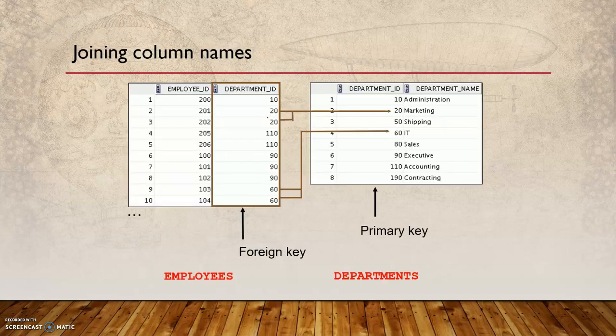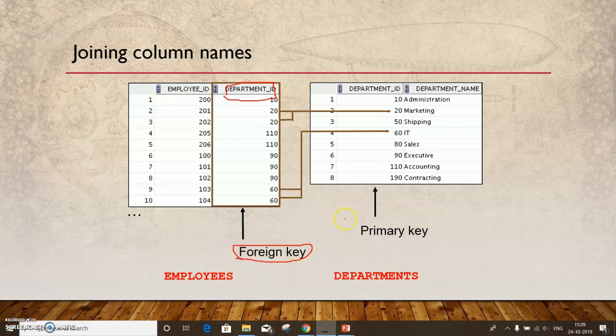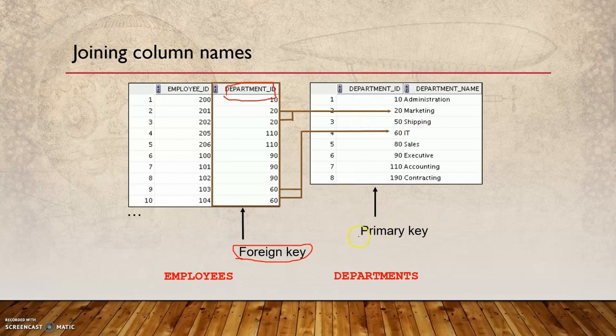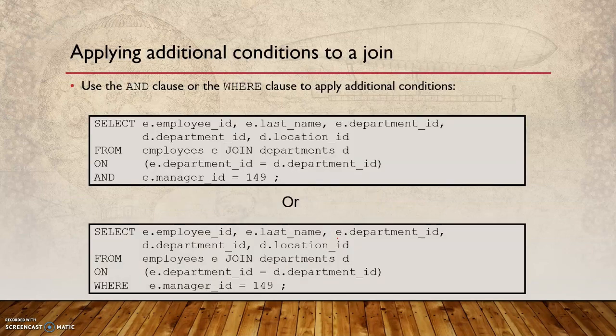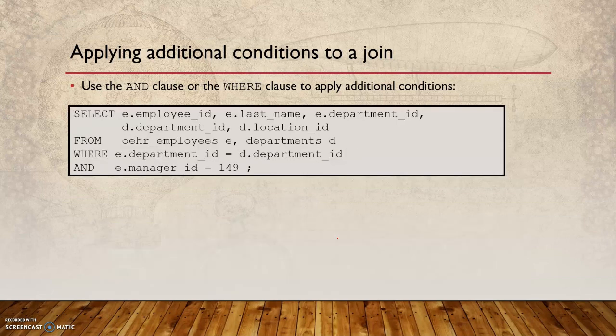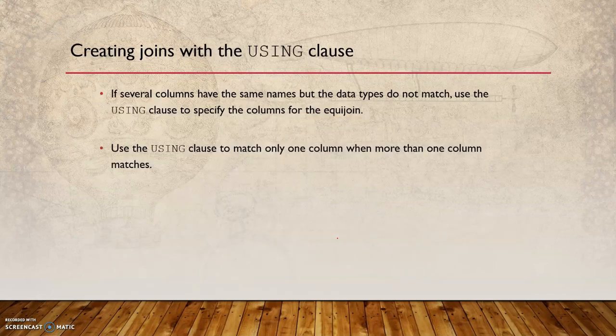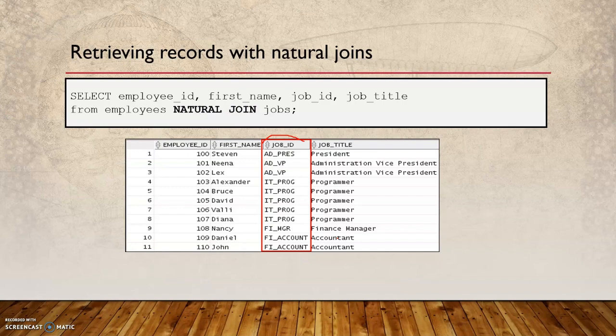In this case, as I discussed earlier, we use the department ID, because in the employees table it's a foreign key, whereas in the department table, department ID is a primary key. This is the join condition. So we'll take a natural join and start off with the demo.